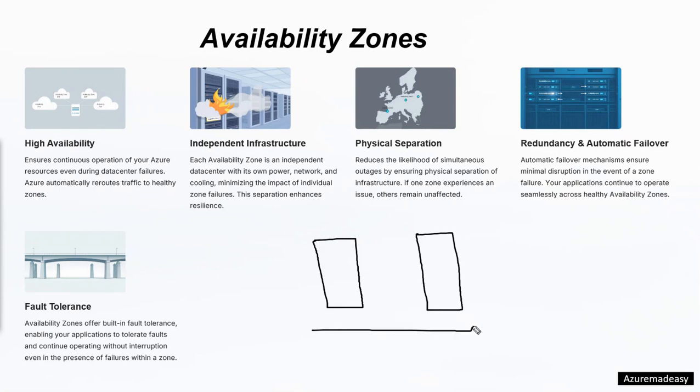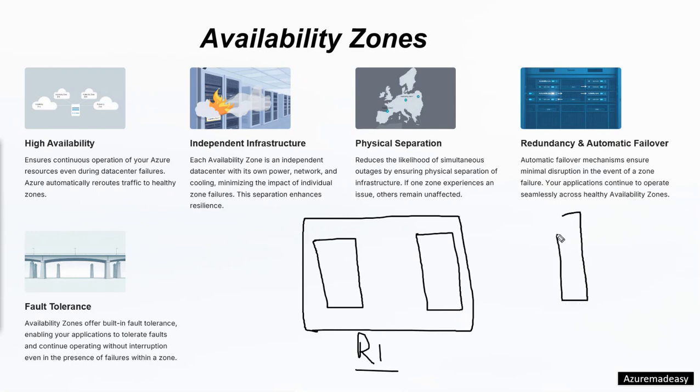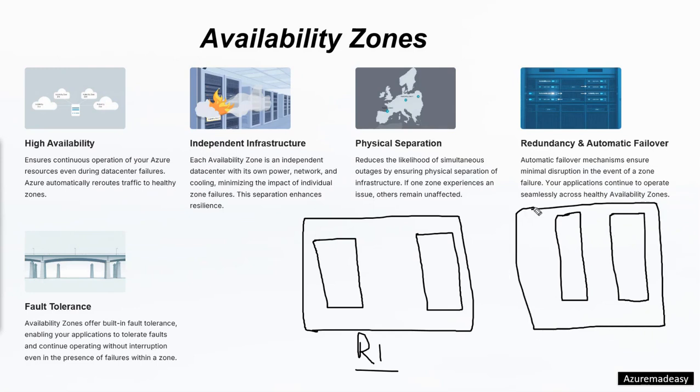Please understand, this is in one region, that is region 1. We have another data center, that is your region 2. I just told you that regions have at least one data center. So it is having two.